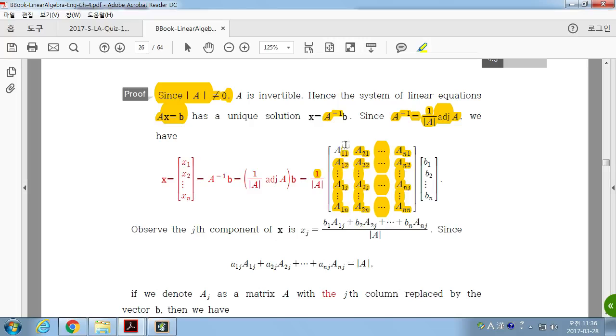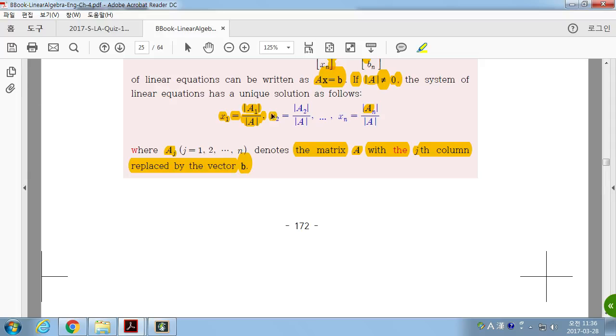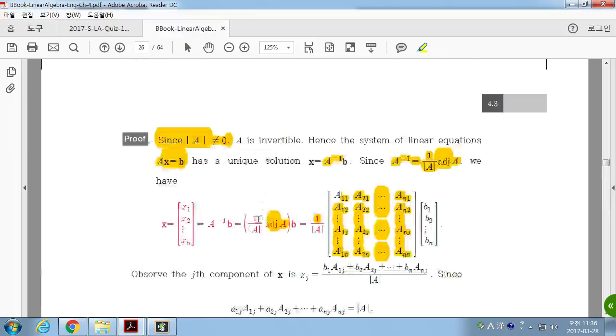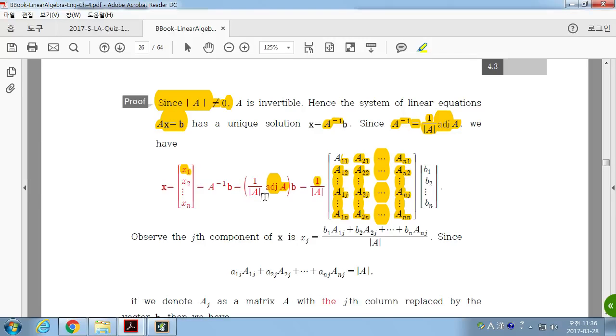Now what are these Aij's? This is just the adjugate of A, so this is the adjugate matrix. We were asked to check whether X1 is this, X2 is this, and Xn is this. So let's check X1.